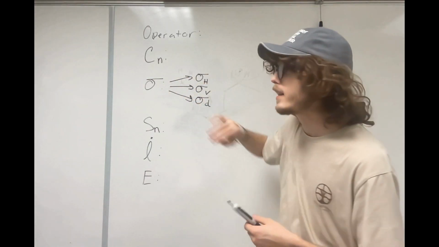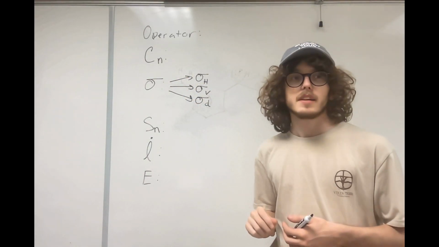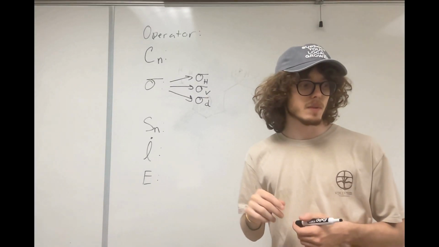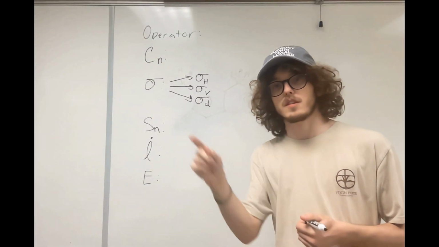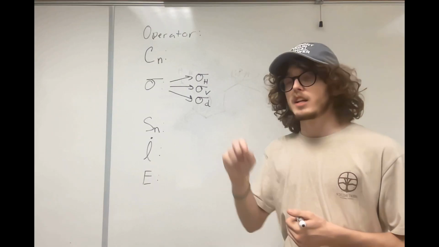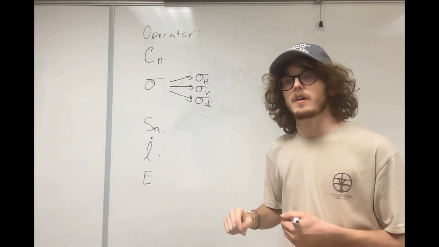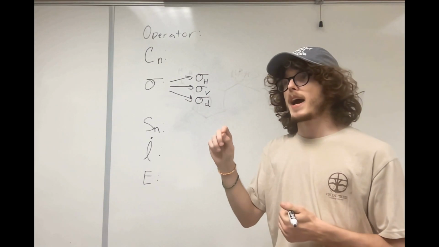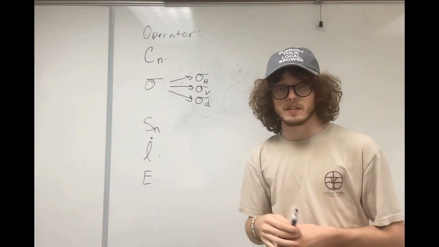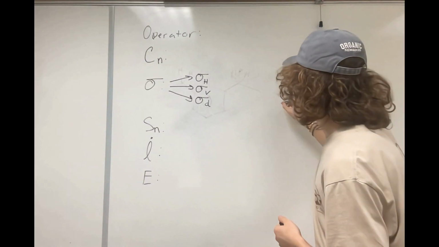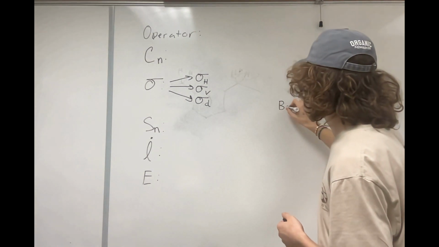So for Cn, it's the rotation operator. It says if I rotate a molecule some number of times, I can go back to 360. And at each stopping point, which we'll see is the value of n, I'm going to have unique symmetry, basically. The best example to show this is borohydride.